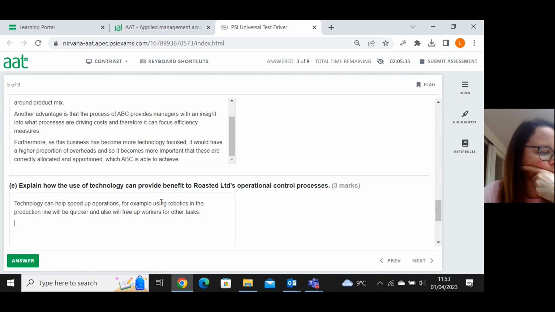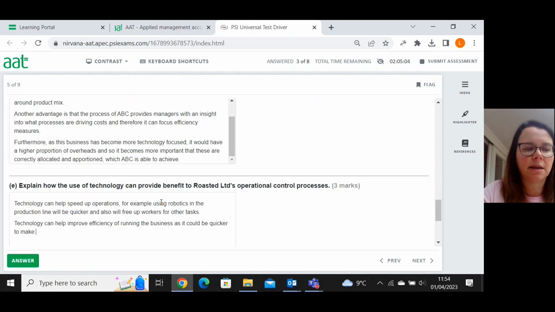Okay, so that would be one. Technology can help improve efficiency of running the business, as it could be quicker to make each unit and perhaps have less wastage.